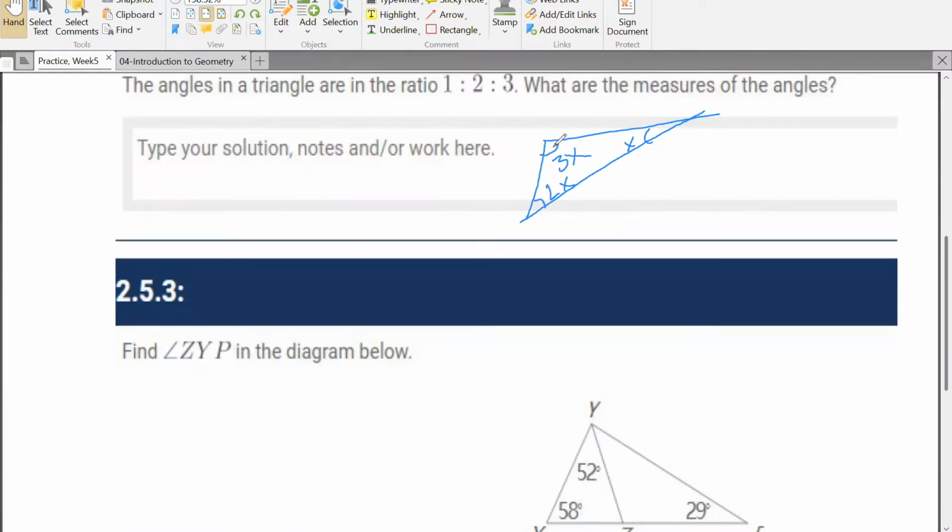And therefore you say 6x equals 180 because they add up to 180, and therefore x is 30, and then 2x is 60, and 3x is 90. So kind of like this. If this is 30 and this is 60 and this is 90. Good. Does anyone have any question?